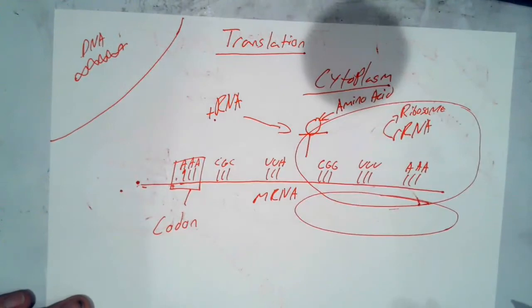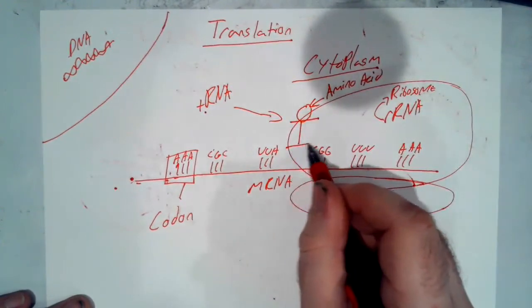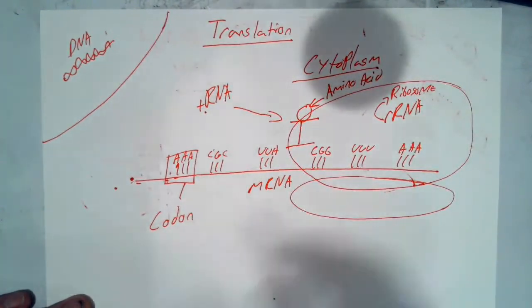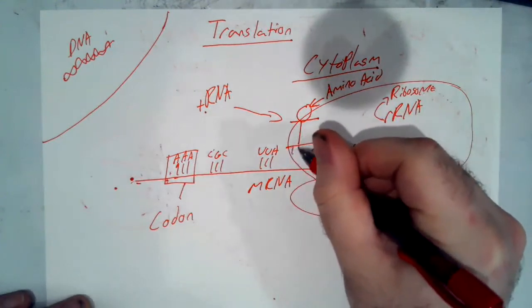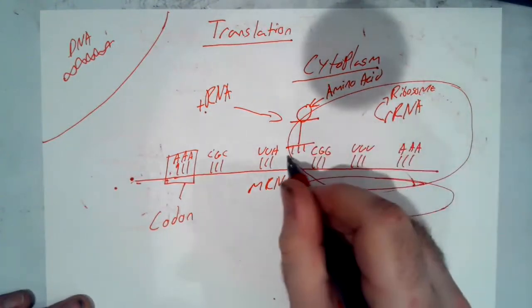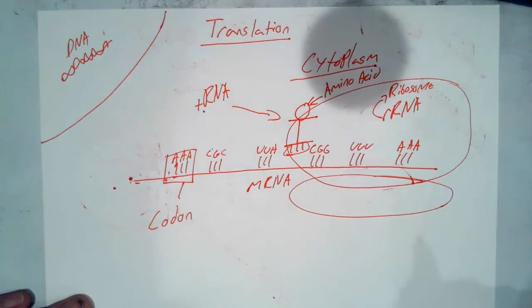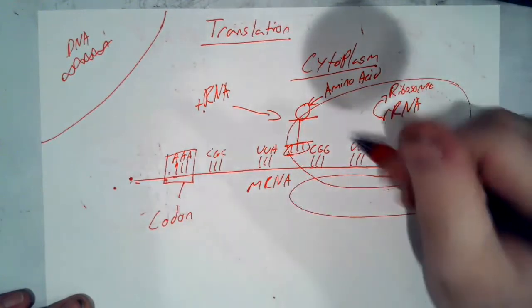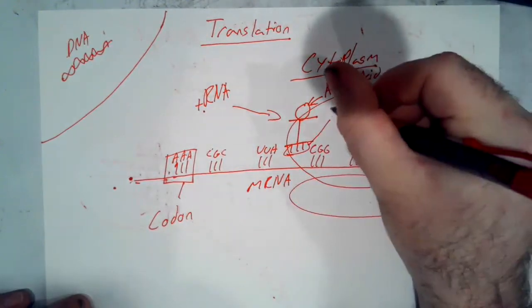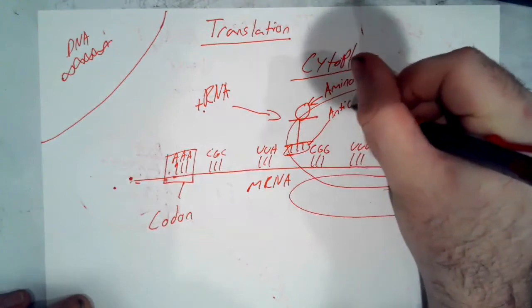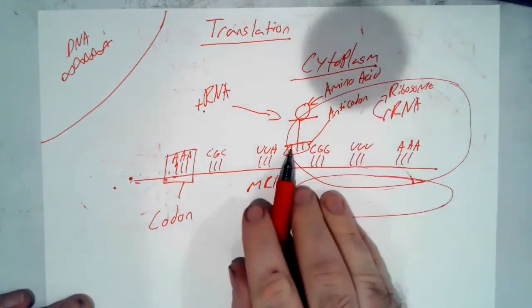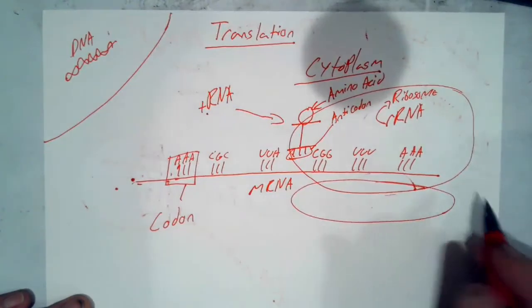Transferring an amino acid. Now, on the bottom of each of these, you'll have this, and that's called an anticodon right there. And I'd label it, but I don't want to, no, it's fine, I'll do it anyway. Anticodon. So that's the anticodon on the tRNA.